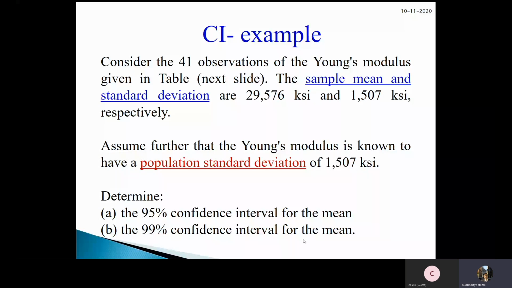Based on these values, we want to find out the 95% confidence interval. The 95% confidence interval means 1 minus alpha is equal to 0.95, and alpha is equal to 1 minus 0.95, which is 0.05.